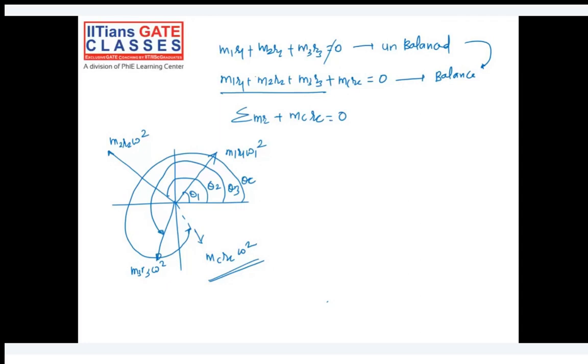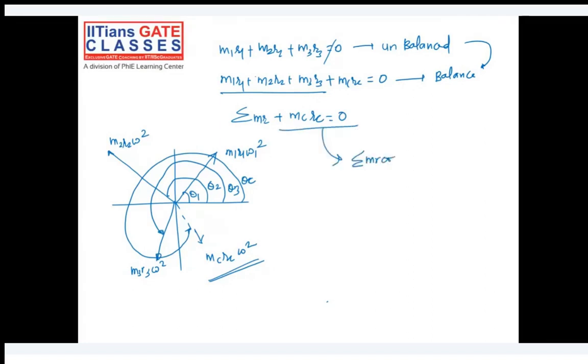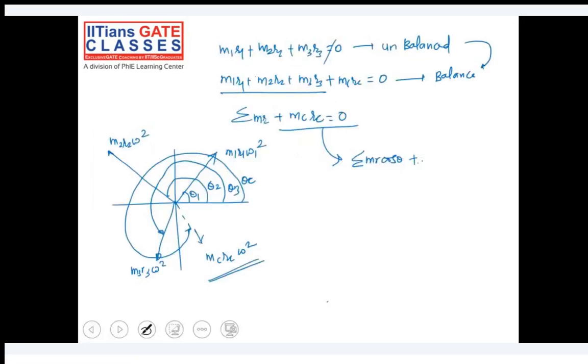So I can basically write it as the summation of mr cos theta plus mcrc cos theta c equal to 0. Are you getting how I have written this? I have done the summation of all horizontal forces equal to 0. That's all.